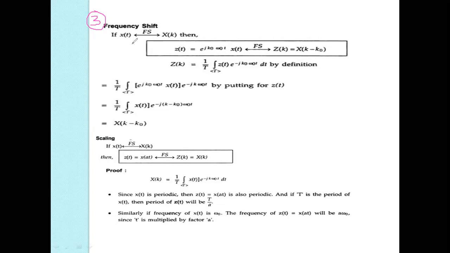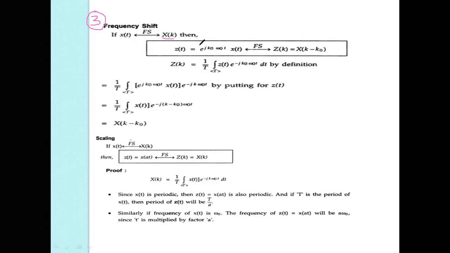the frequency shift property. The statement is: if x of t has the Fourier series x of k, then z of t equal to e power j k naught omega naught t times x of t.